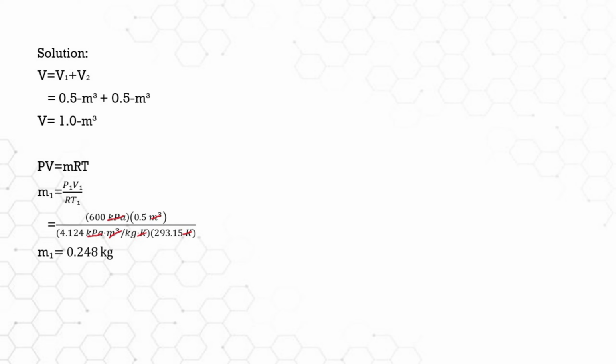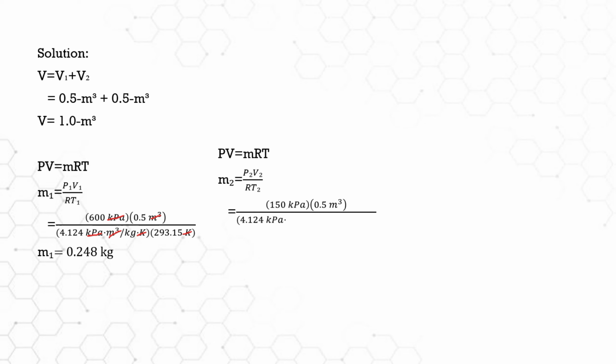Next, we are going to solve also for the mass of hydrogen in tank 2. Using the same formula and plugging in the values, we have 150 kilopascals as our pressure times 0.5 cubic meter over 4.124 kilopascal cubic meter per kilogram Kelvin as our gas constant times 303.15 Kelvin as our temperature.